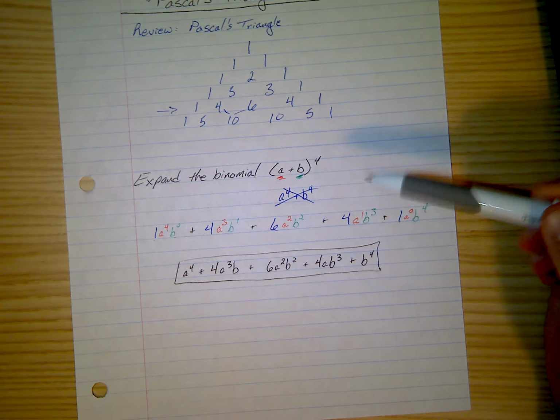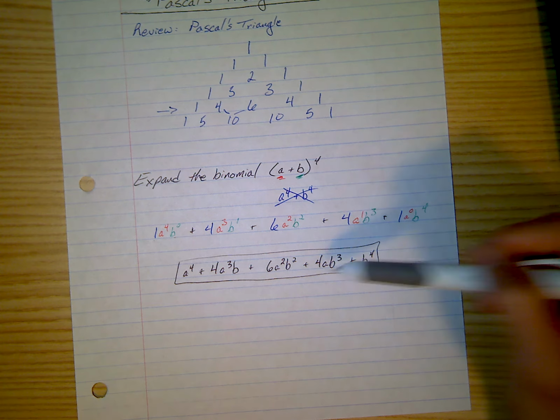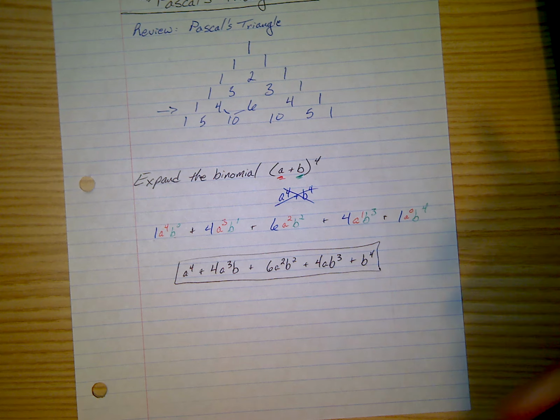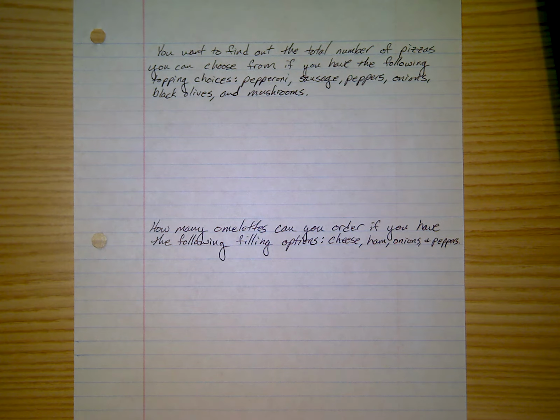Okay, so we do that. Again, you'll see more of this with the probability section, but you're going to see it a little bit with these types of problems as well. I really wanted to show you Pascal's triangle again, because that's kind of where this comes from, more so than the expansion of binomials.